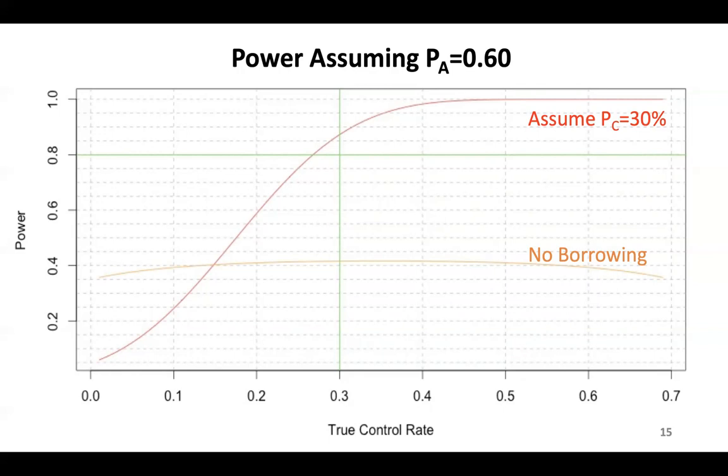So we get enormous power advantages in using that historical information. And as you can see, we improve power by over 40% in this scenario.